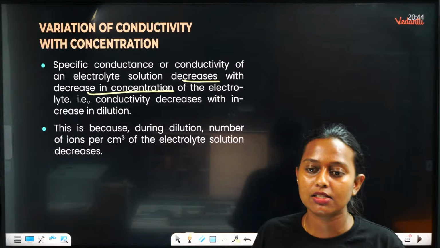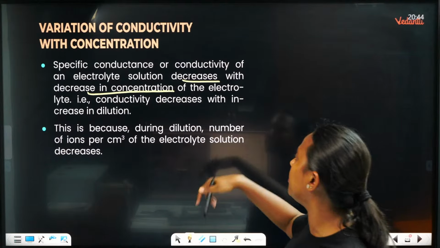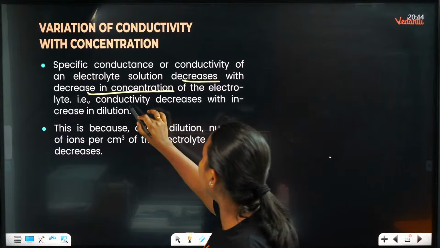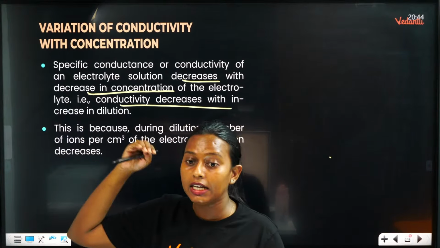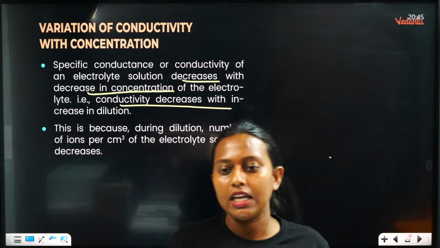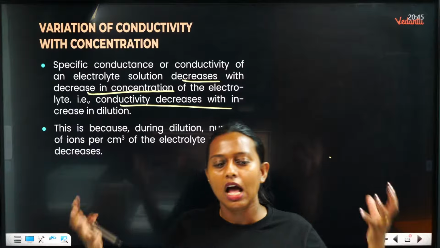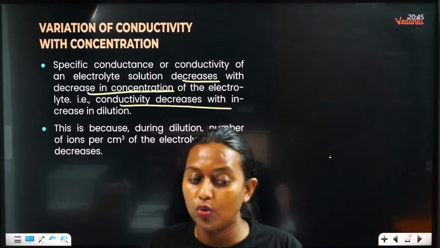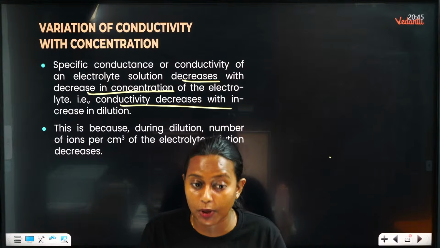There will be fewer ions. If there are fewer ions, will electricity pass? Electricity will not pass well. So conductivity will decrease. If we decrease the concentration, conductivity will also decrease. Conductivity decreases with increased dilution. So when we increase dilution, conductivity decreases. Clear?